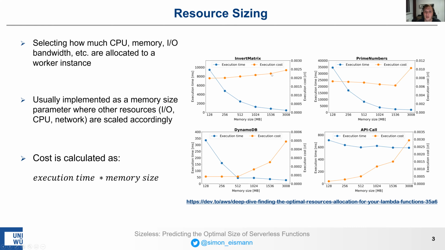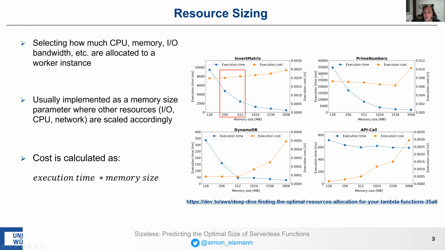If we look at the invert matrix function, we can see that the execution time drops rapidly with increasing memory size and the cost only increases slightly. Here, I would, for example, select either the 256 or the 512 megabyte memory size.